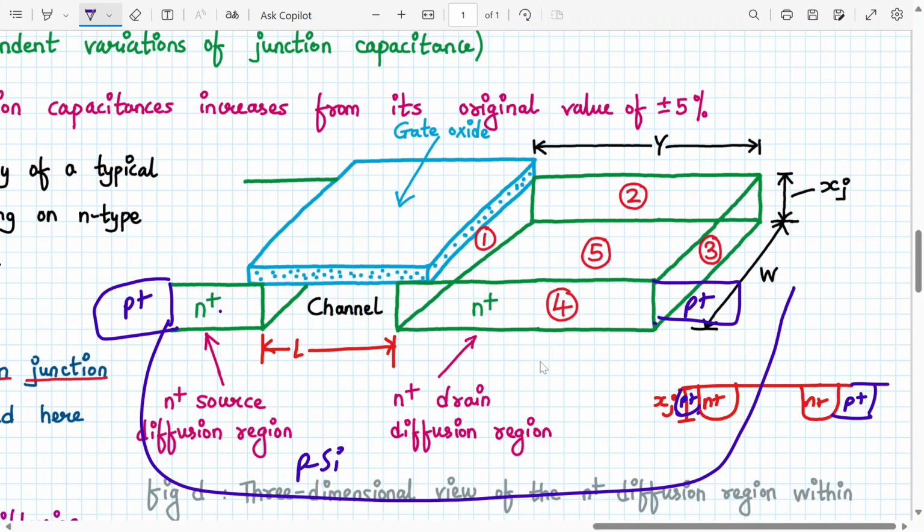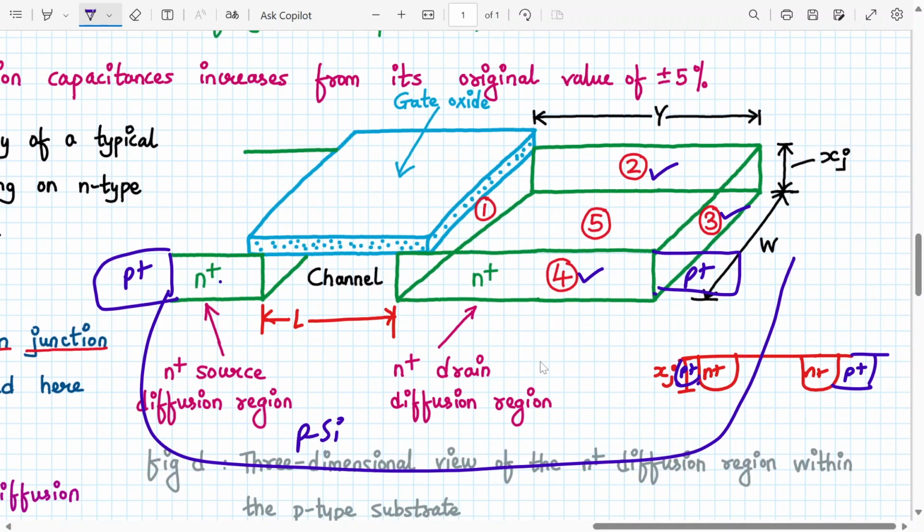Out of these 5 planar junctions, planar junctions number 2, 3 and 4 are surrounded by the p plus channel stop implant. Did you get it? How?